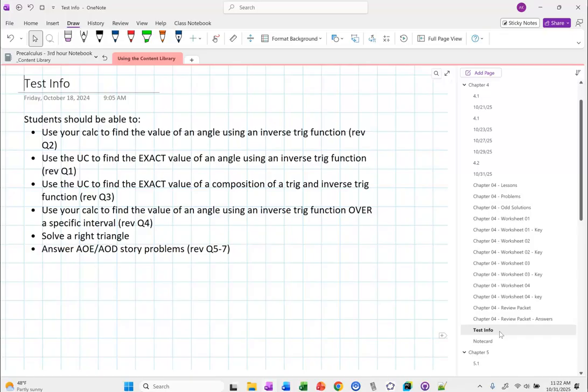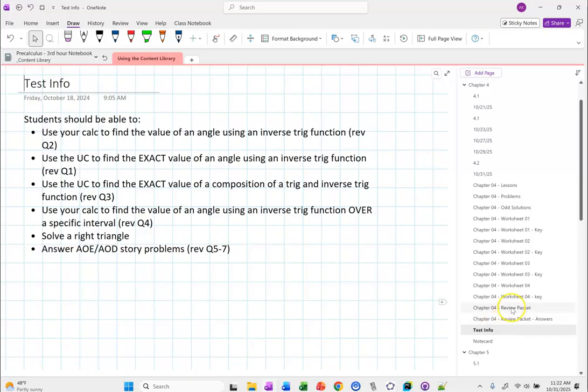On the test, is that really long one that we did? So can I read to you the test description, and maybe that will answer that question. You should be able to use your calculator to find the value of an angle using an inverse trig function.